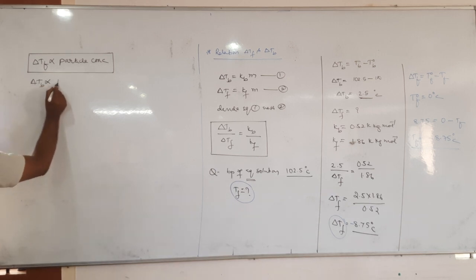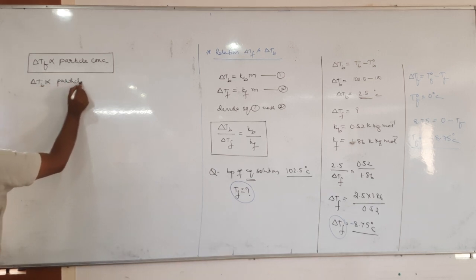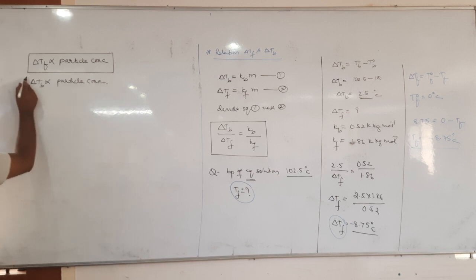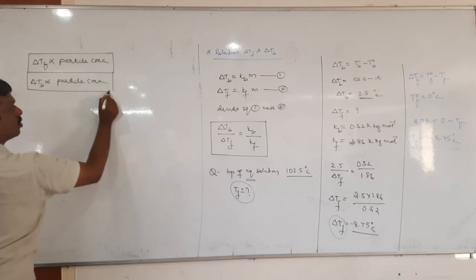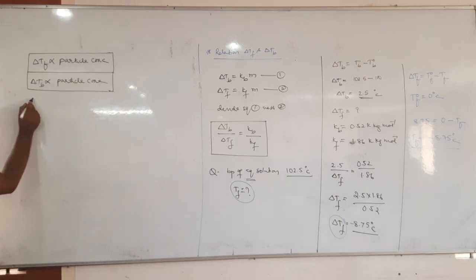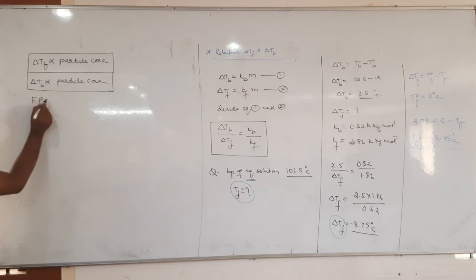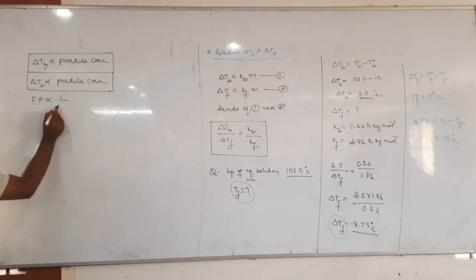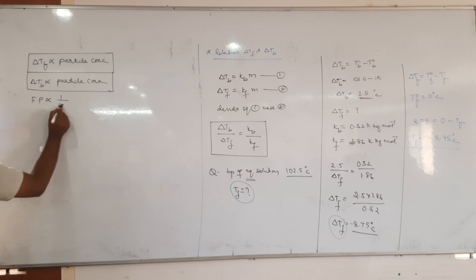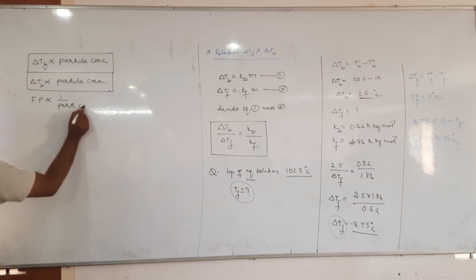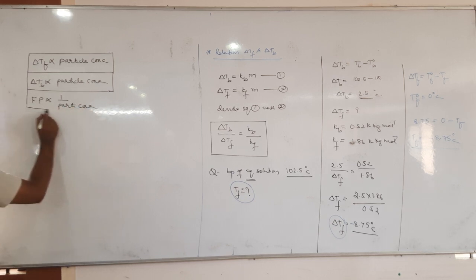Delta TB is also directly proportional to, take down, particle concentration. But what about freezing point? Inversely proportional to particle concentration. Okay.